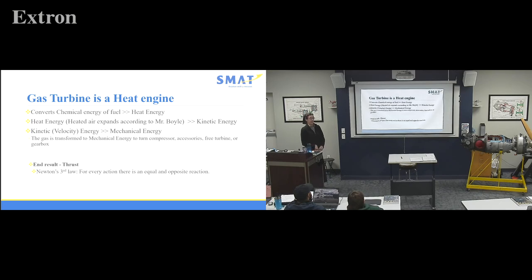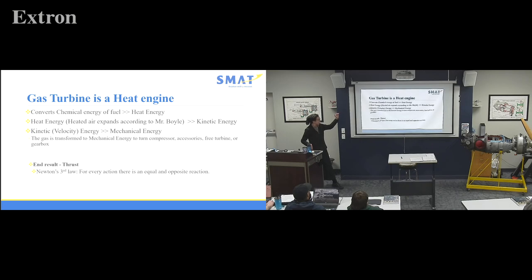So, the gas turbine is also known as a heat engine. Here are some concepts you need to understand. It's converting the chemical energy in the fuel, so fuel has energy, into heat energy.